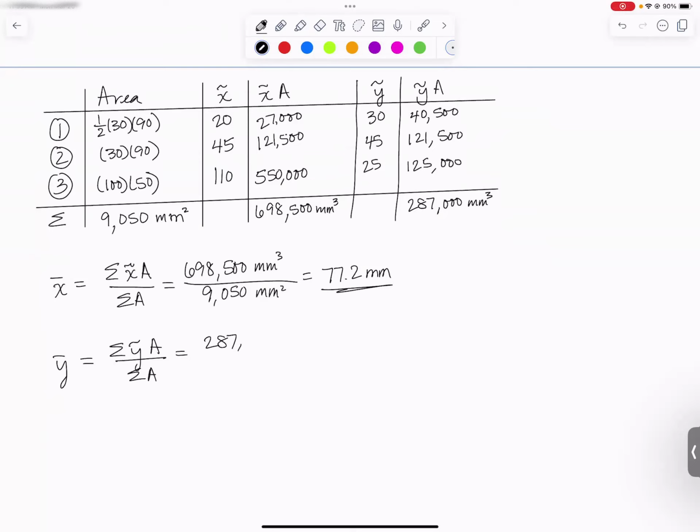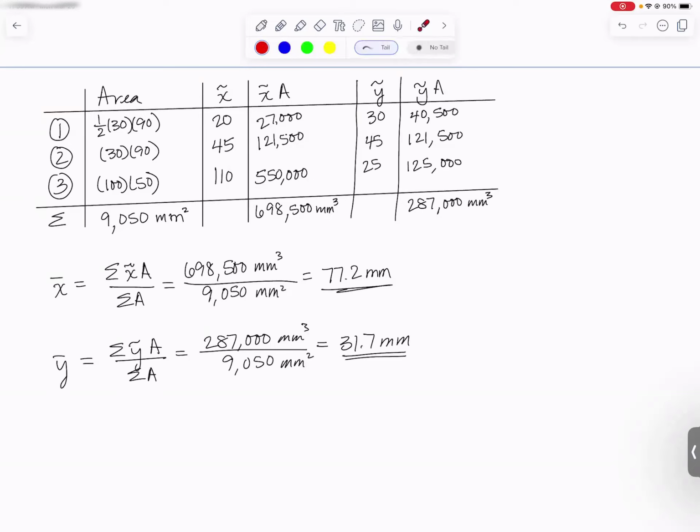We get 287,000 millimeters cubed divided by 9050 millimeters squared. And the answer comes out to be 31.7 millimeters.